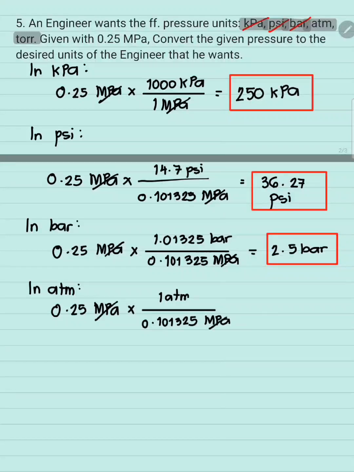Cancel all the megapascal units. We are left with atmosphere. This is expressed as 0.25 multiplied by 1 divided by 0.101325, and we get 2.47 atmosphere, or ATM.